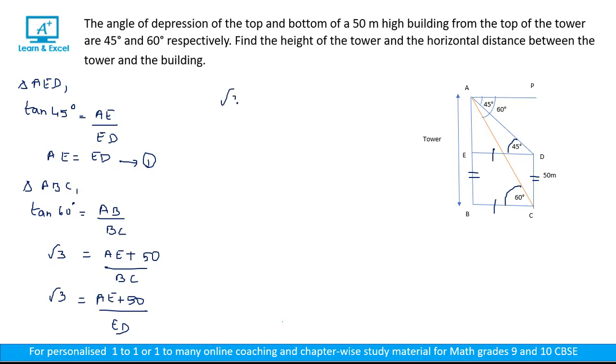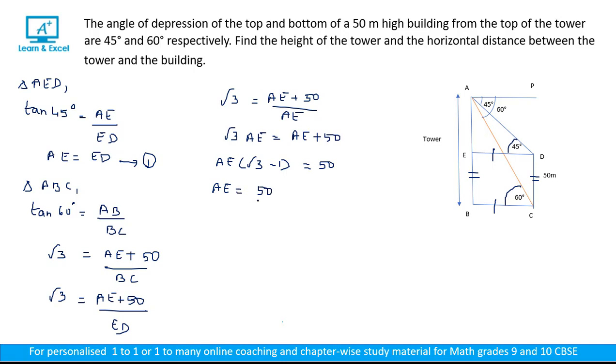So we can write root 3 equal to AE plus 50 upon AE. So now solving this, we get root 3 AE equal to AE plus 50. Taking AE common, we have AE into root 3 minus 1 equal to 50, and AE equal to 50 upon root 3 minus 1.